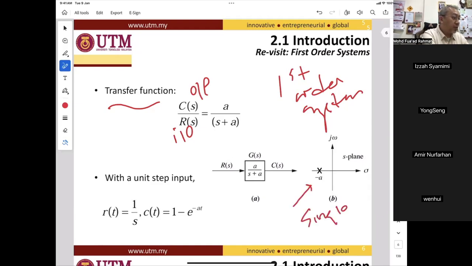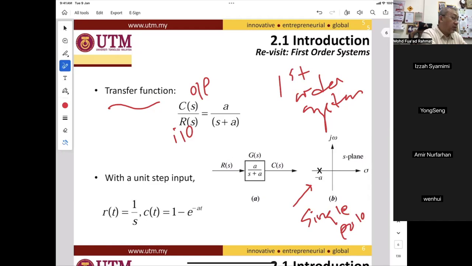So please remember, when I ask you what is the first order system, the answer is a system that has a single pole. One pole, let's say minus A, located at the denominator of the transfer function.